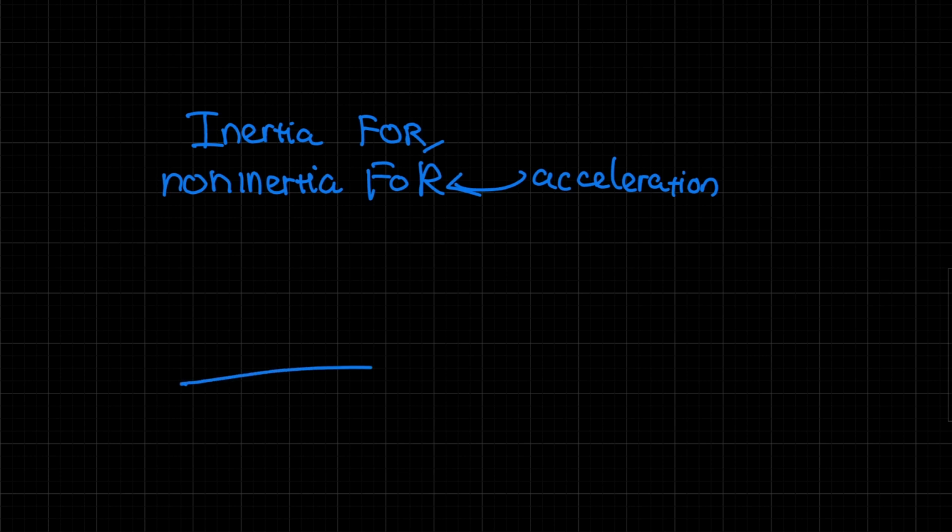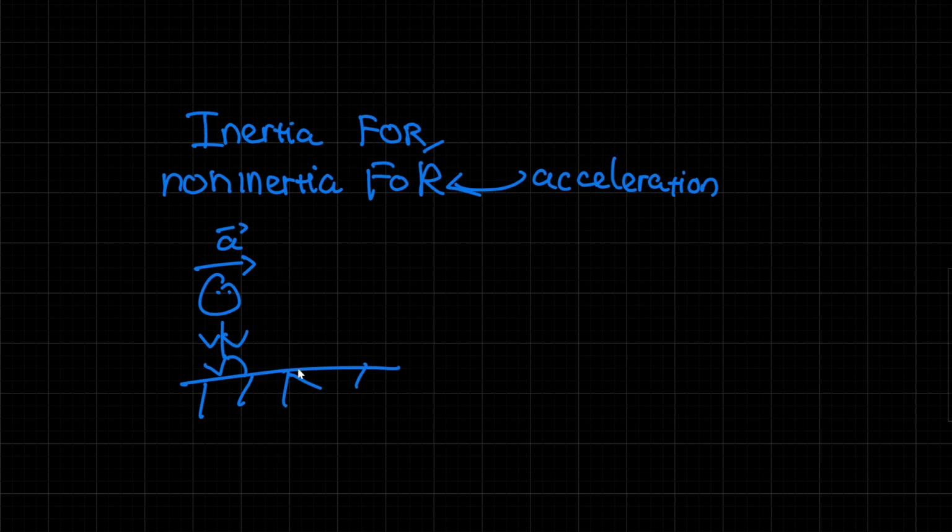So for example, if I have this is the ground, and this is a person running, then he's running with an acceleration a. If you put the frame of reference as the ground, then it's inertial because it's not moving or anything.